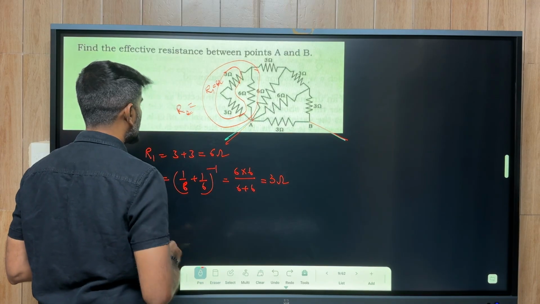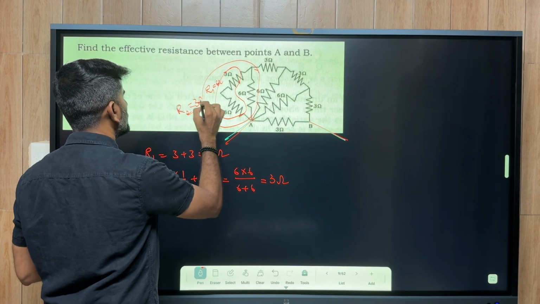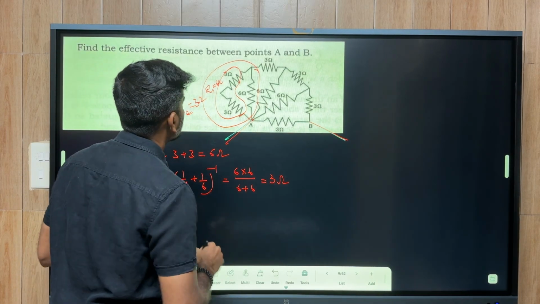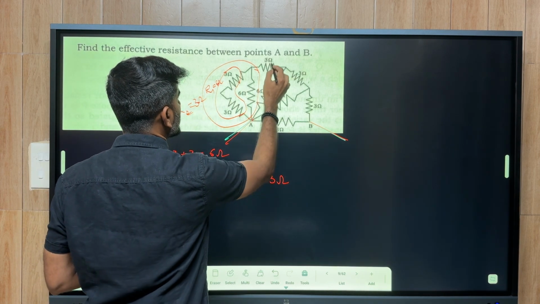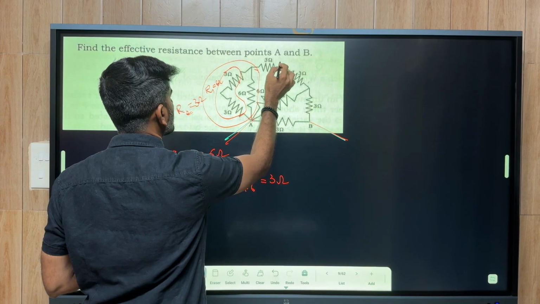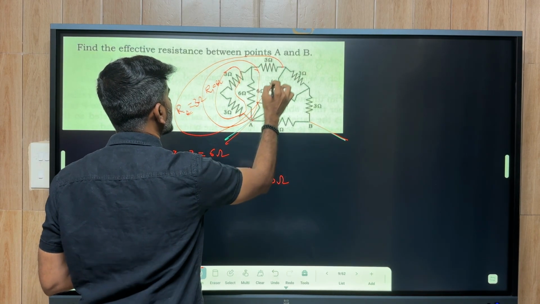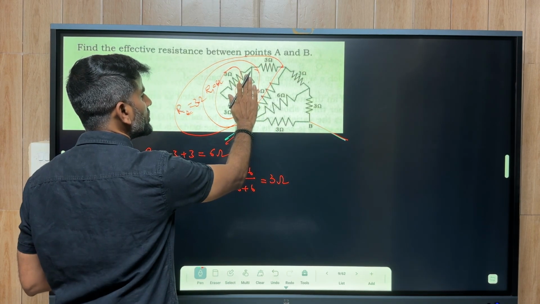Now, this group of resistors is connected in series with 3 ohms, right? Series with this will be one single resistor.